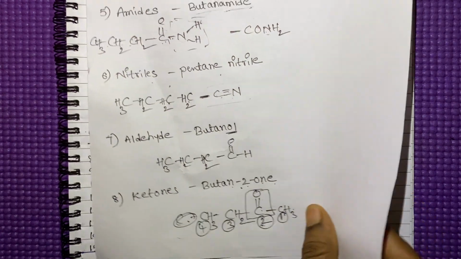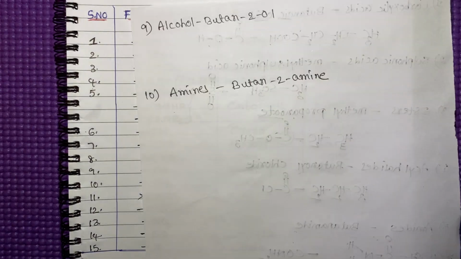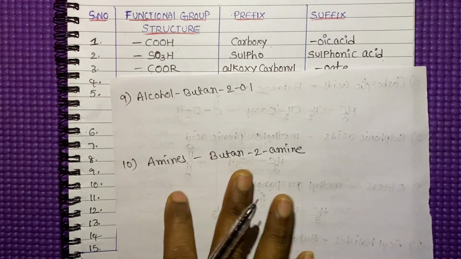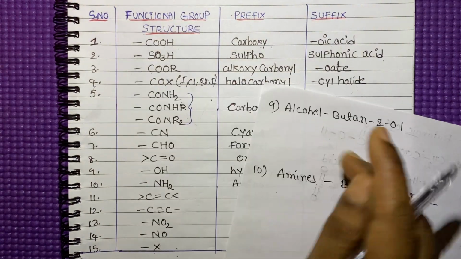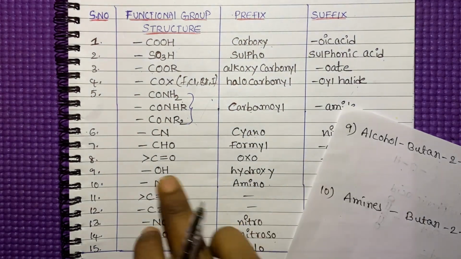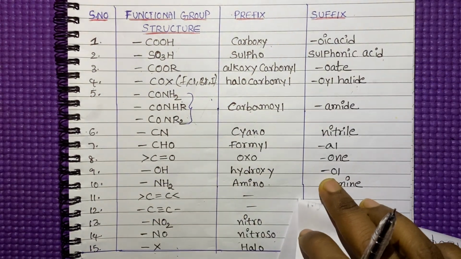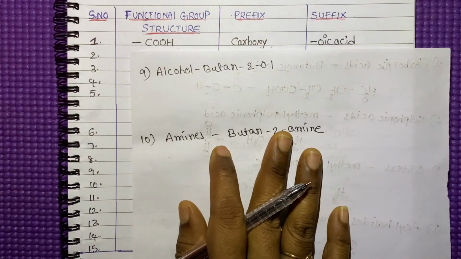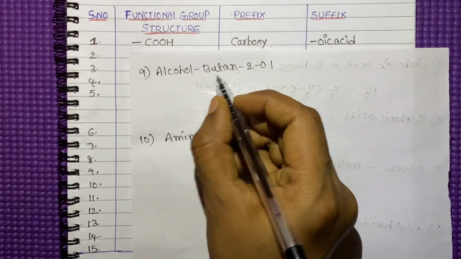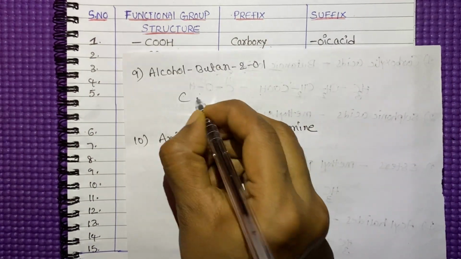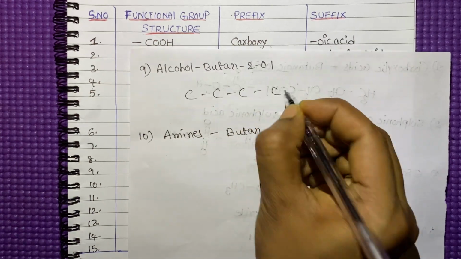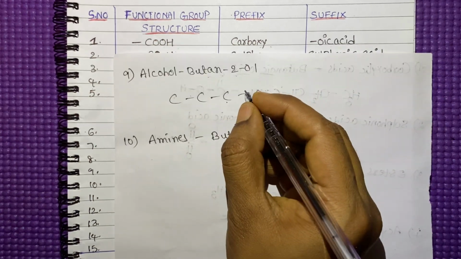Okay. Now, we'll go for the alcohols. It's very simple. Alcoholic group is, see here, OH group. We have to use the suffix ol. We'll take butanol, which we already took. See 1, 2, 3, 4. In the second position, the alcoholic group is there.